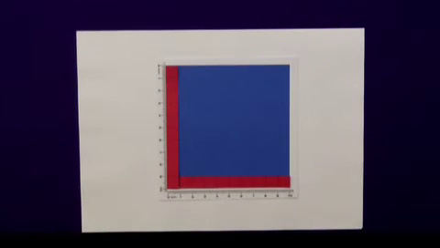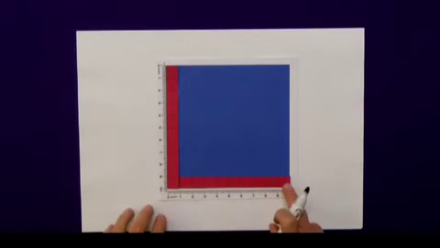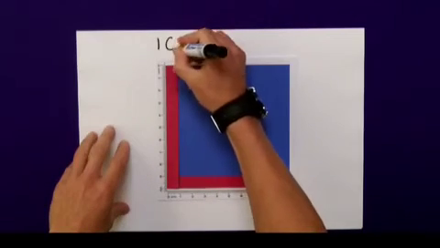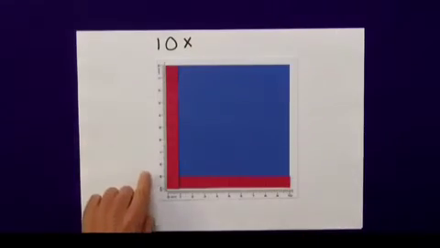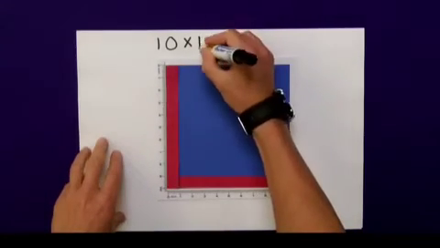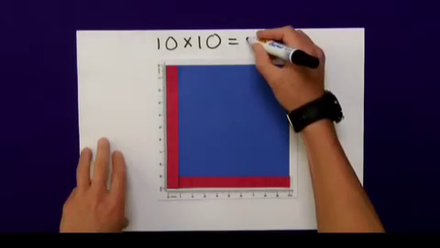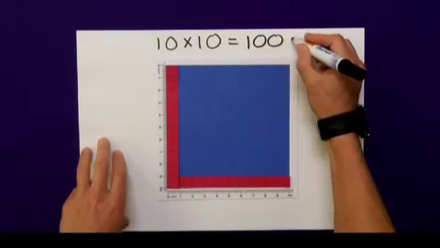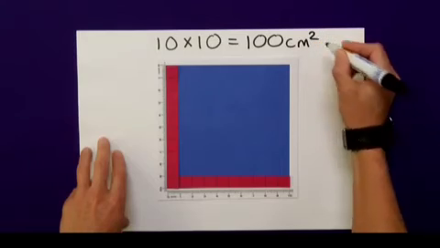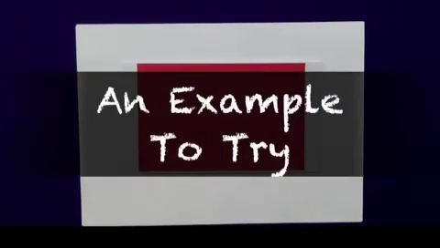So in order to work out the total number of centimetre squares I can get inside my larger shape, I could take my number of columns and multiply it, in this example, by the number of rows. 10 times 10, you can always use a calculator, equals 100. Units, centimetres squared.